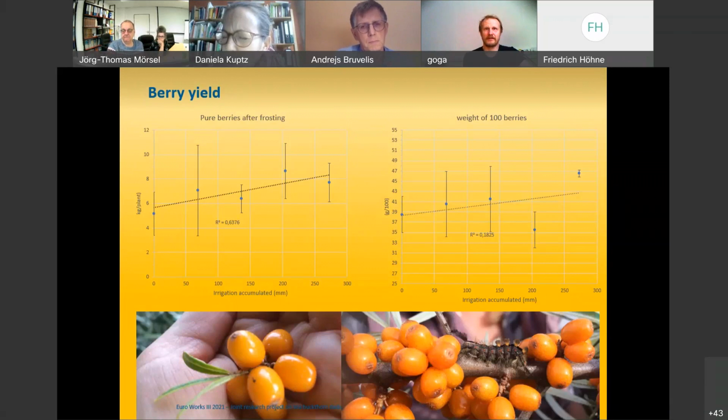So there could be also a small gene pool, and maybe our varieties are very old and are passed on from generation to generation, and that might be also an idea for the dieback, but this is only speculation about the future.